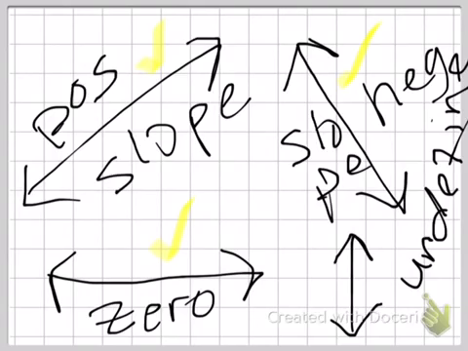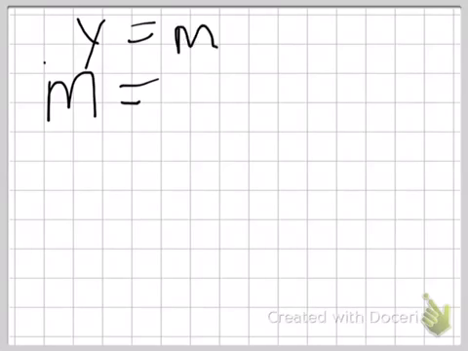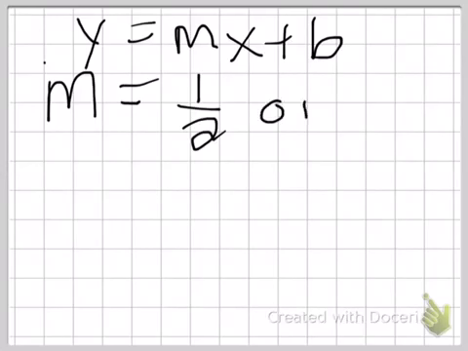So what does this look like mathematically? Well, mathematically it looks like this. When m equals a positive number when we're in slope-intercept form, so when m is positive, like maybe a fraction or a whole number, then the line is going to be rising from left to right.